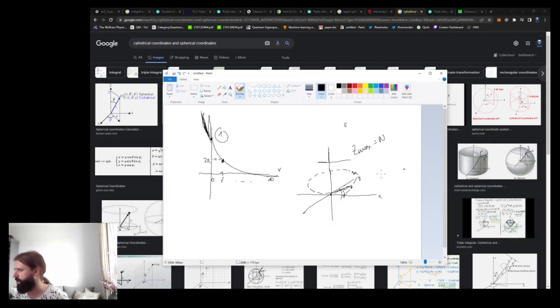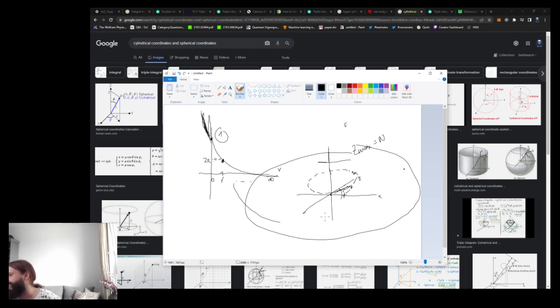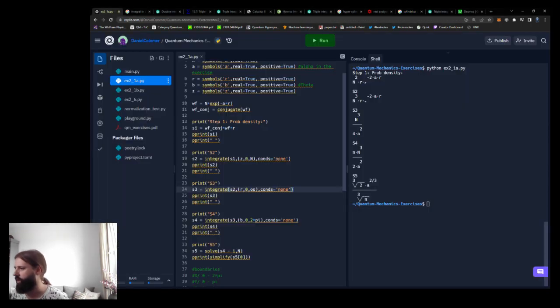There's this symmetry around the z-axis. I've learned some new stuff, but it's still 0 to infinity. And then the third variable is basically theta, and it's between 0 and 2 pi.